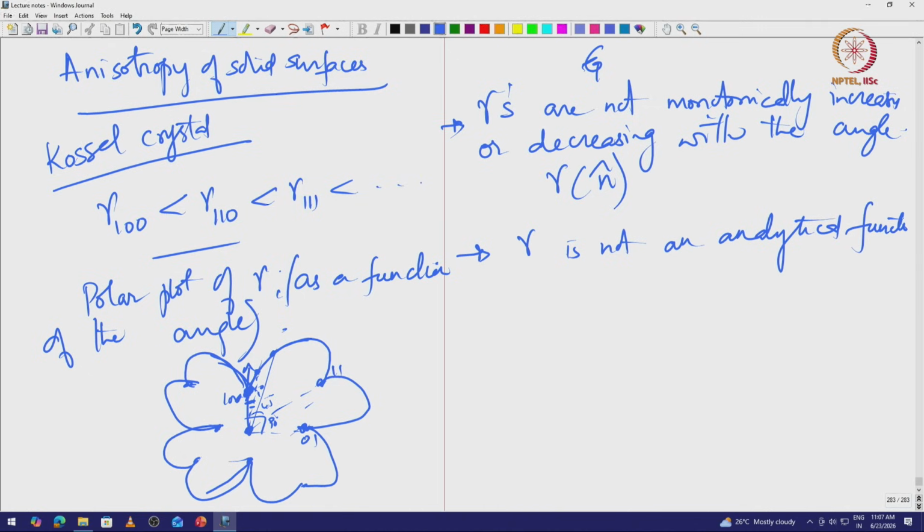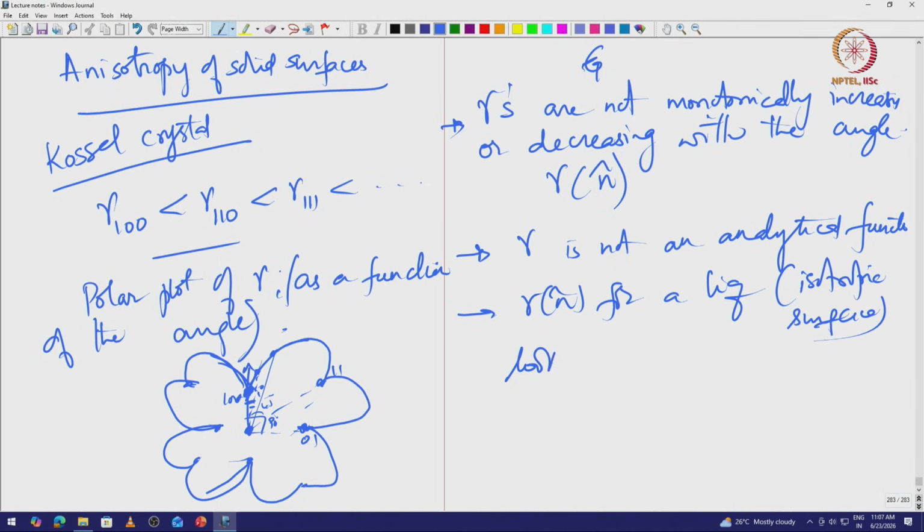Okay. Now, how does gamma of n look for a liquid, and by liquid I mean an isotropic material? Now, that is just a sphere, right. So, this is the center, and gamma as a function of n is just a sphere. Okay.